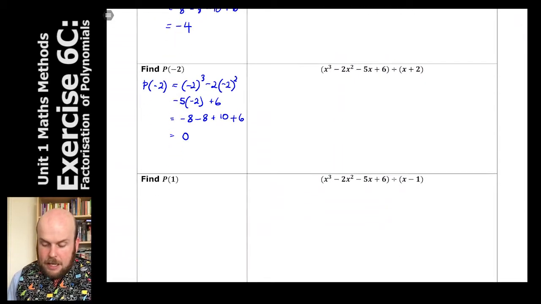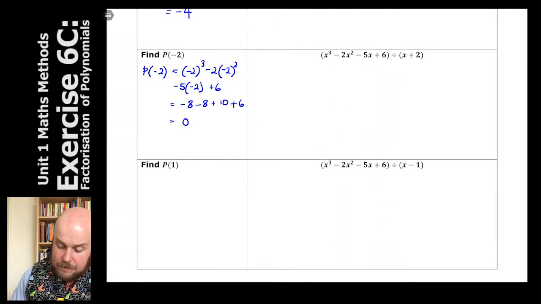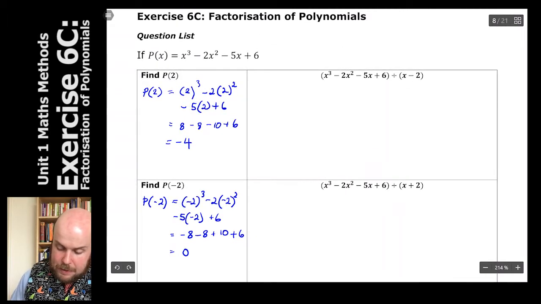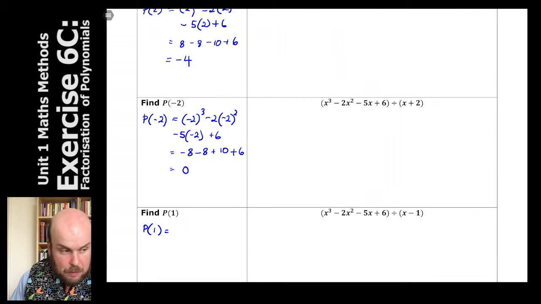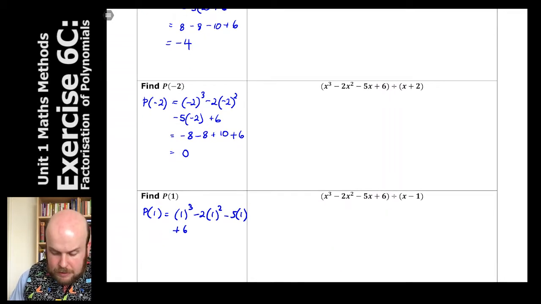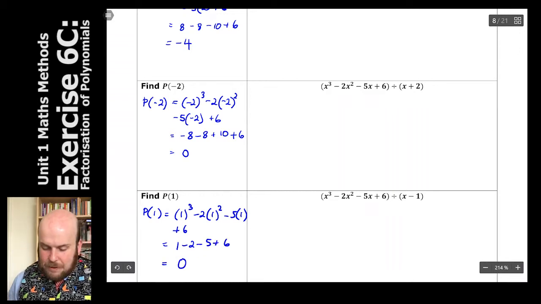Okay. Last one here, I've asked to find p of 1. So p of 1 means that I'm just going to replace all of the x's with the number 1. So that's going to be equal to 1 cubed minus 2 times 1 squared minus 5 times 1 plus 6, which gets us 1 take away 2, take away 5 plus 6, which also gets us a 0.